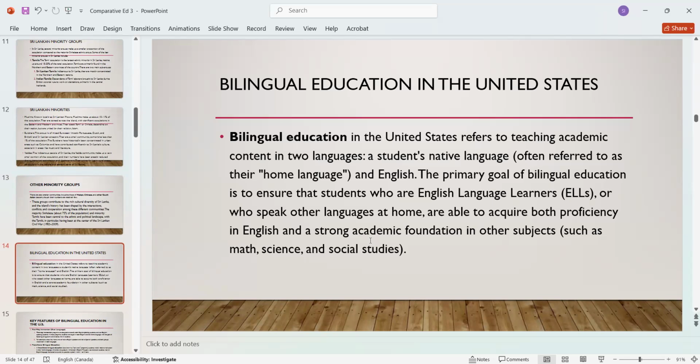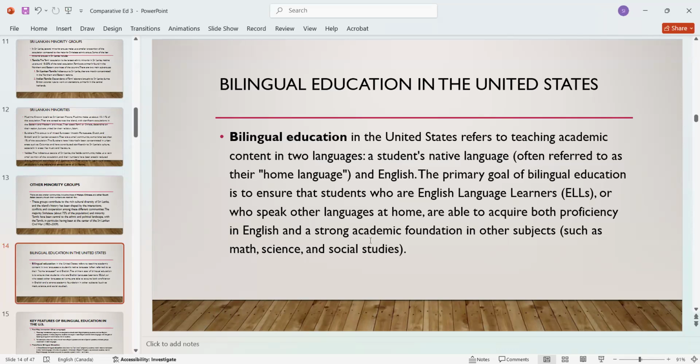But now we are going to see what type of language policy is available in the United States, because the selected countries were the United States, Russia, and Australia, right? Those are the 3 countries selected by your program. So the first one is the United States, right?